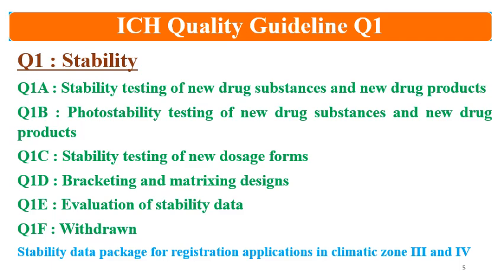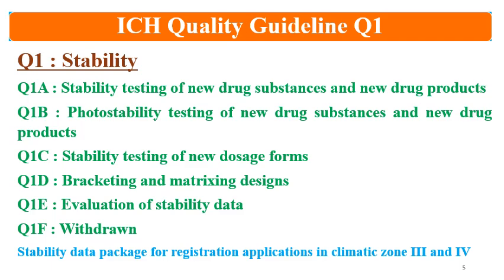Now we will see Q1 guideline. So Q1 is for stability and many sub guidelines are there. So I have included the stability guideline in detail. Q1A is the guideline which deals with the stability testing of new drug substances and new drug products.